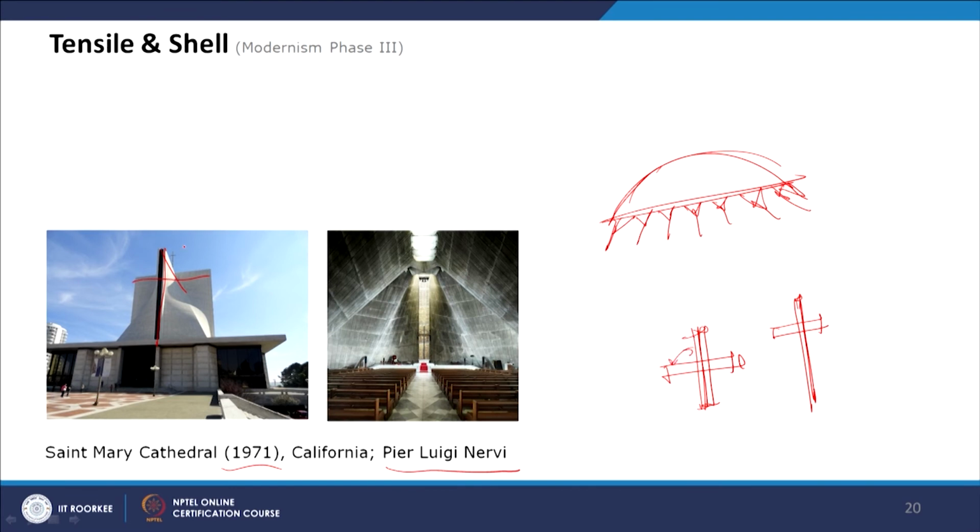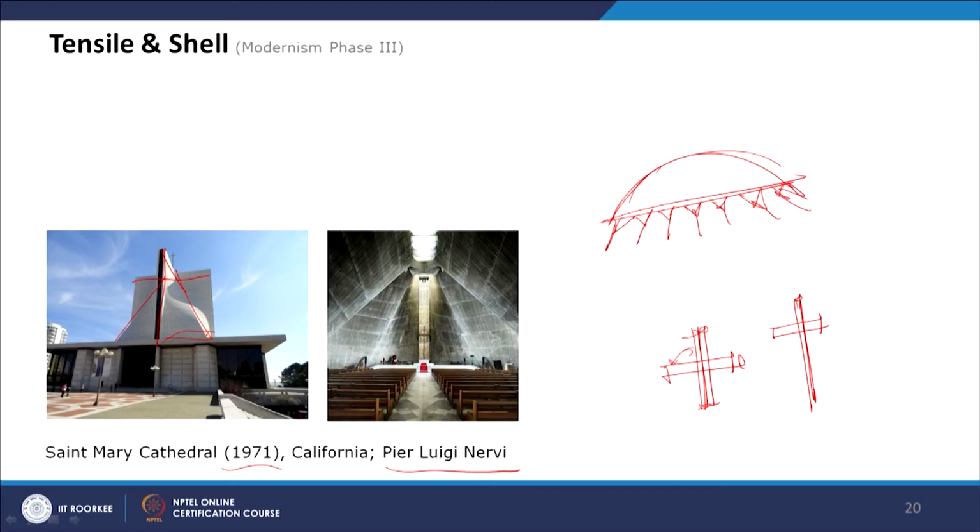So from the plan this is a Greek cross, and if you look at this like folded paper, the base is becoming more circular, and the top is becoming just a cross. If you look at this wall, this is again a shell structure, and the concrete was exposed concrete, and on top this acts as a cross, as a skylight.